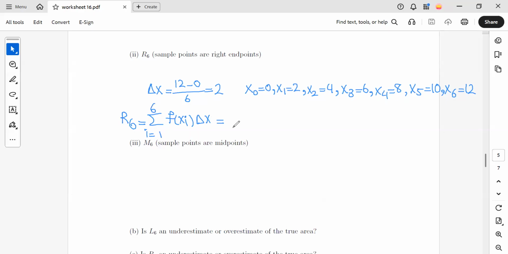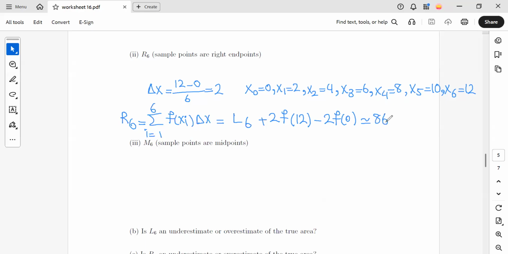The difference here is we are going to use L sub 6, but we are going to add the last one, which is 2, because delta x is 2, times f of the last one, which is 12, minus f of this first one, because we don't use the first one, but we do use the last one. So we are going to subtract the first one and add the last one. This is another way of doing this, but you may use the points as before.